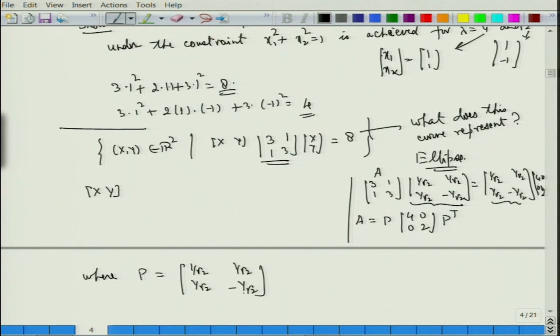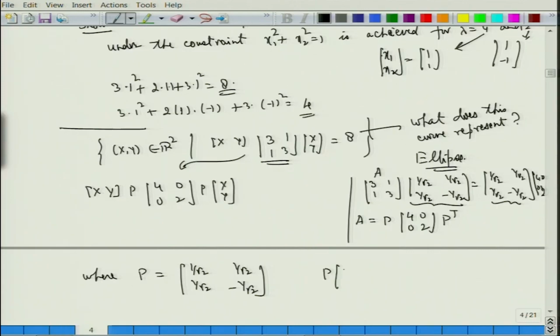Let me write like this, all right, fine. So, in that case, this corresponds to looking at this time [3 1; 1 3], that is A is P transpose times D times P, all right, P [4 0; 0 2] P times (x, y), all right.